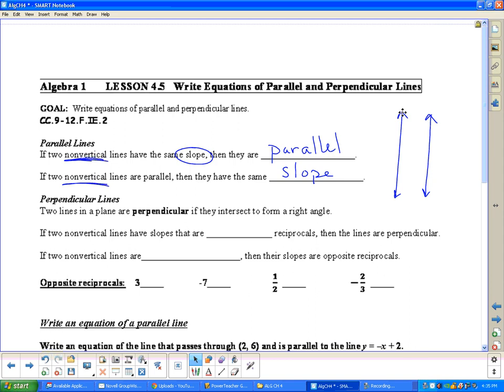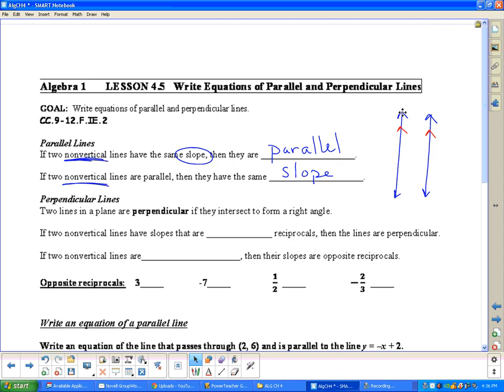It's undefined. We divide by zero, bad things happen. So we just have to make sure that if two things are vertical, they have no slope, so you can't compare the slopes. But even though these are two vertical lines, they are still parallel. And that's what those little red arrows mean, that they're parallel.